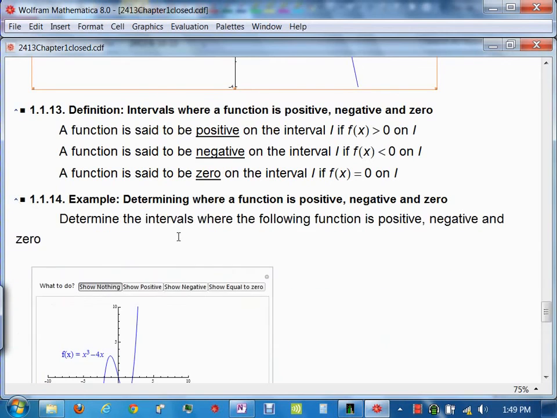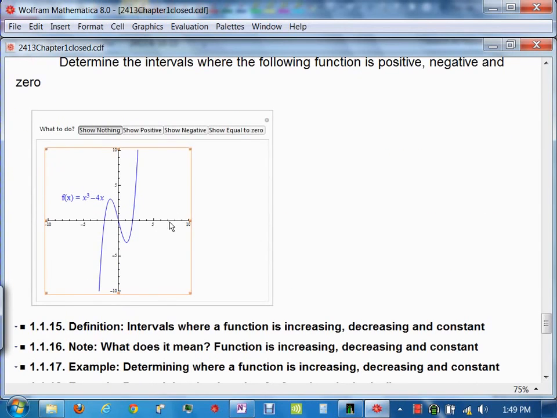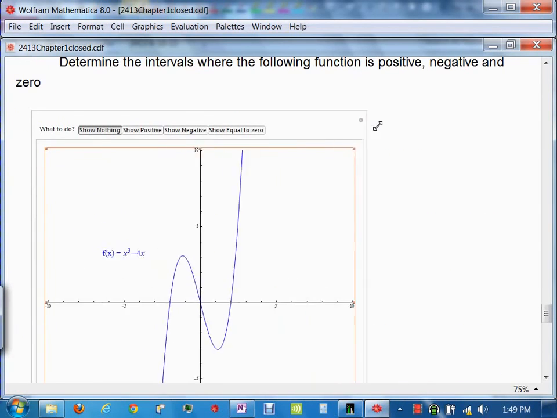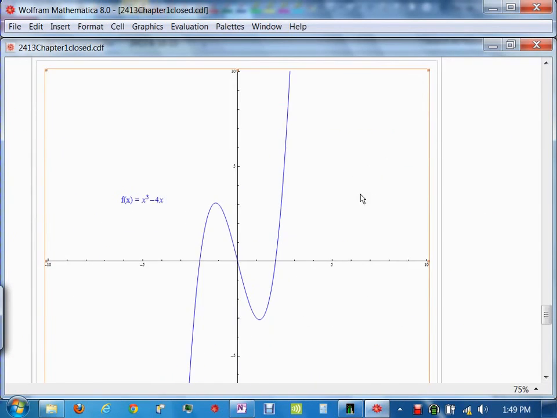So let's look at this function here, and let's see if we can determine where it's positive and negative. Where is this function positive? I'm asking, where is the height of the function above the x-axis? That's right in here, isn't it?